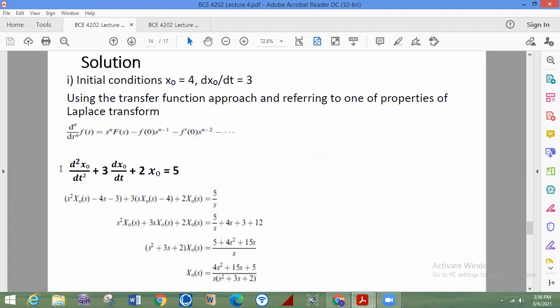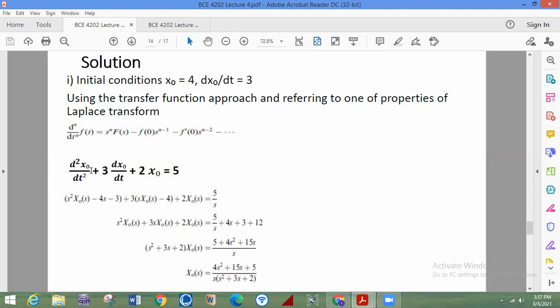This is one term, second one, third one, and maybe a fourth one. We handle this by applying our property of a derivative. So this is it in this first bracket.